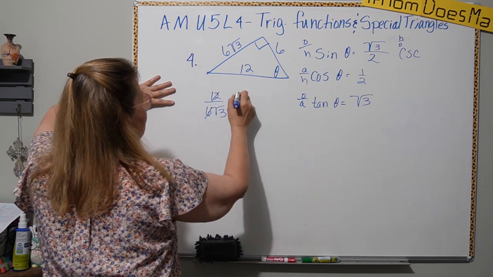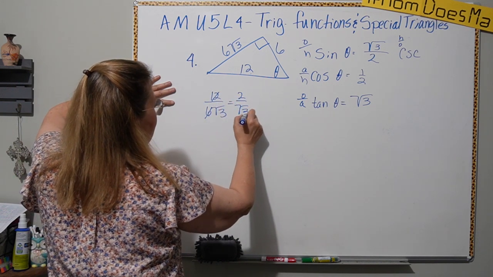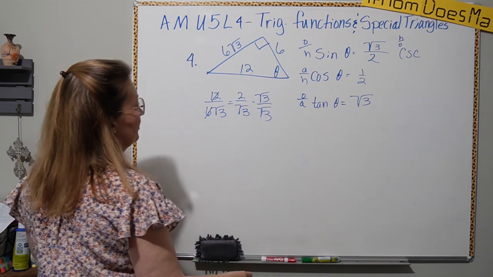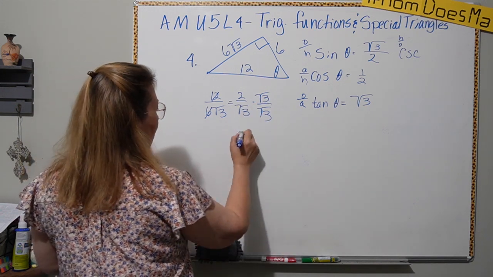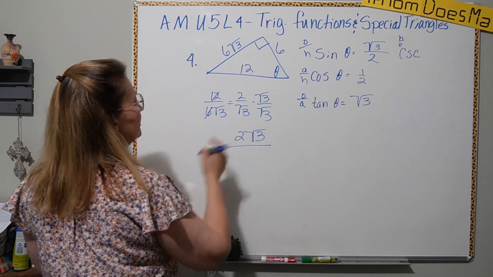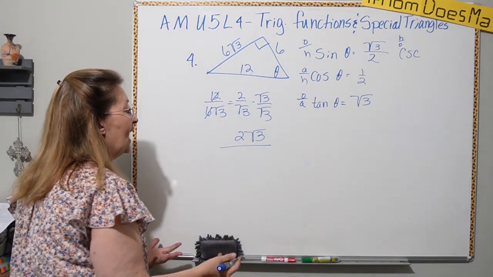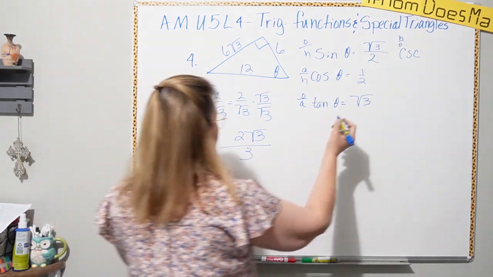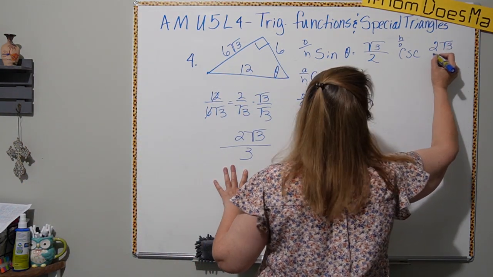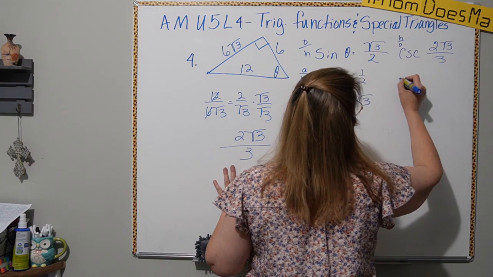So now I have 2 over square root of 3. I'm just going to multiply both of them by square root of 3 over square root of 3. On the top, I'll have 2 square root of 3. On the bottom, square root of 3 times square root of 3 is square root of 9, which is 3. So my final answer here is going to be 2 square root of 3 over 3.